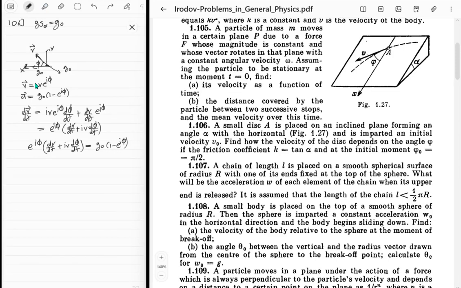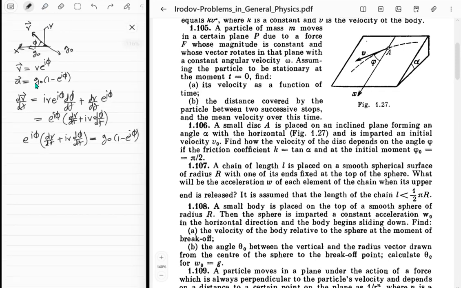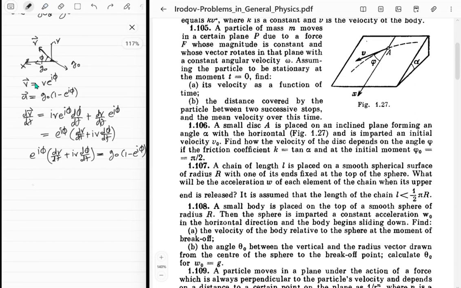So what the tangential and normal vector thing would be saying is that dv upon dt, because of the tangential vector, is just equal to negative g naught, and then plus g naught cosine phi.